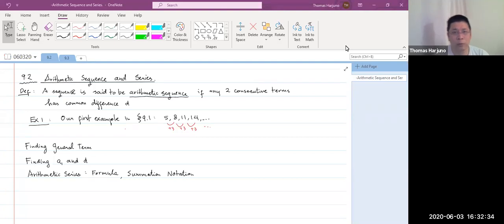The first one is arithmetic sequence, which is defined to be a sequence that has a common difference. That common difference is usually denoted by this d here. In our first example in 9.1, our meeting last time, we have the sequence 5, 8, 11, and 14, in which if you pick any two consecutive terms, the difference is the same.